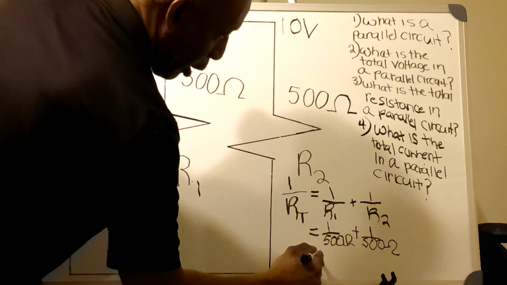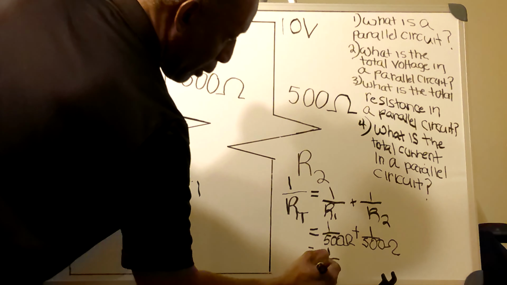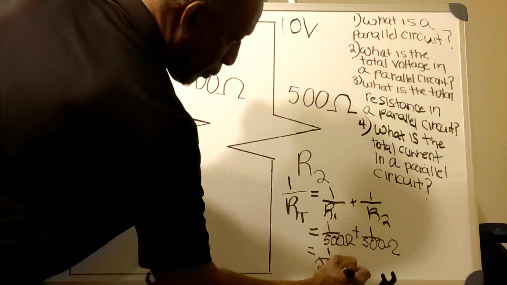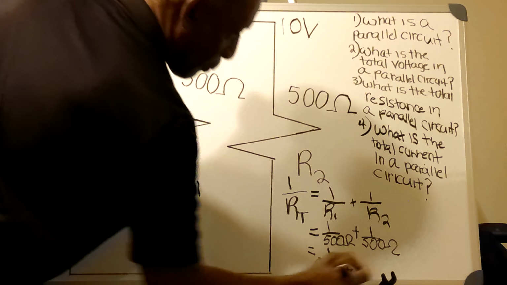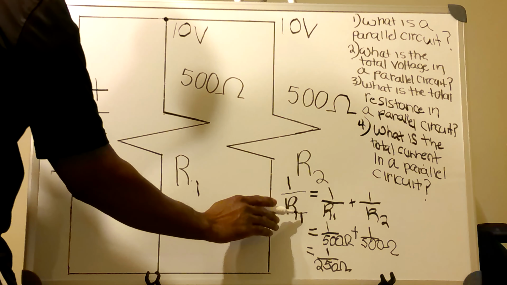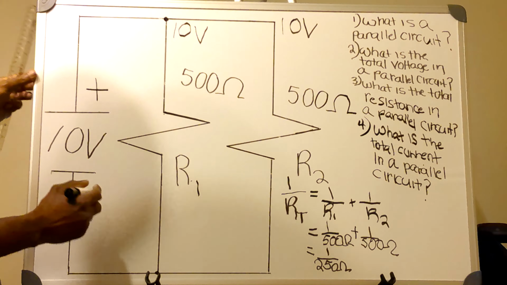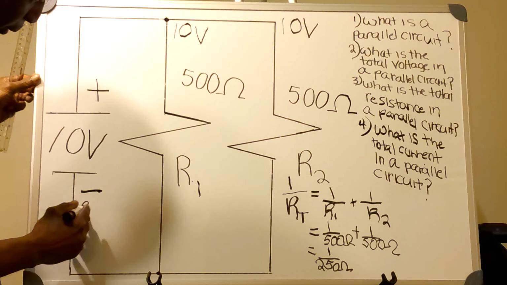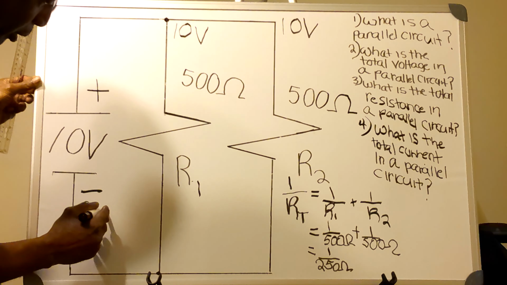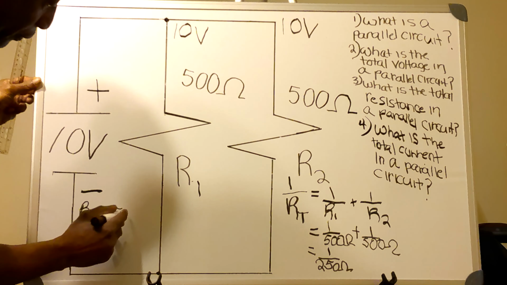That equals 1 over RT, 250 ohms. Which means that the total resistance equals 250 ohms. So I'm going to put that right here. RT, R total, equals 250 ohms.